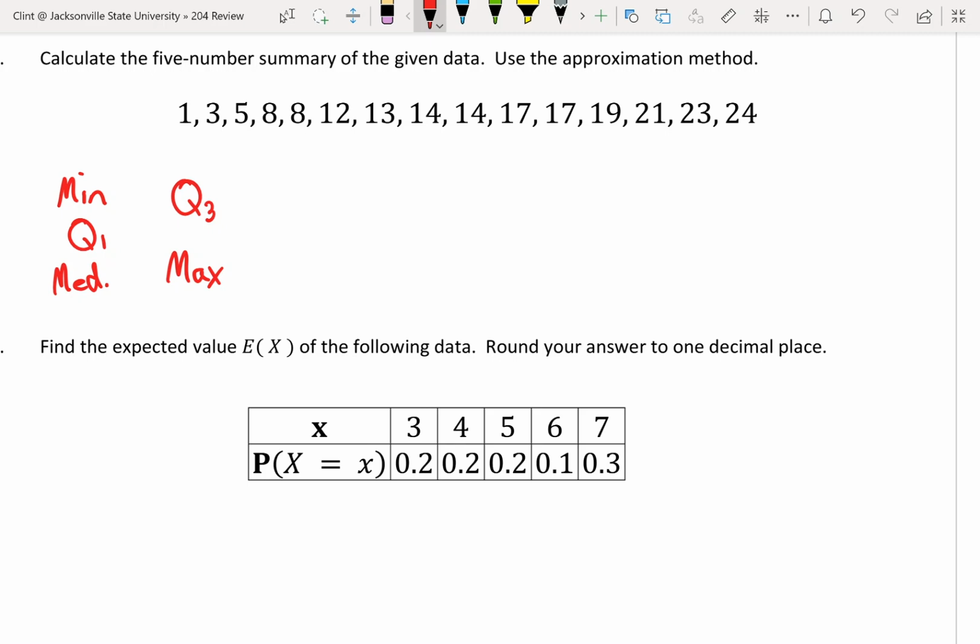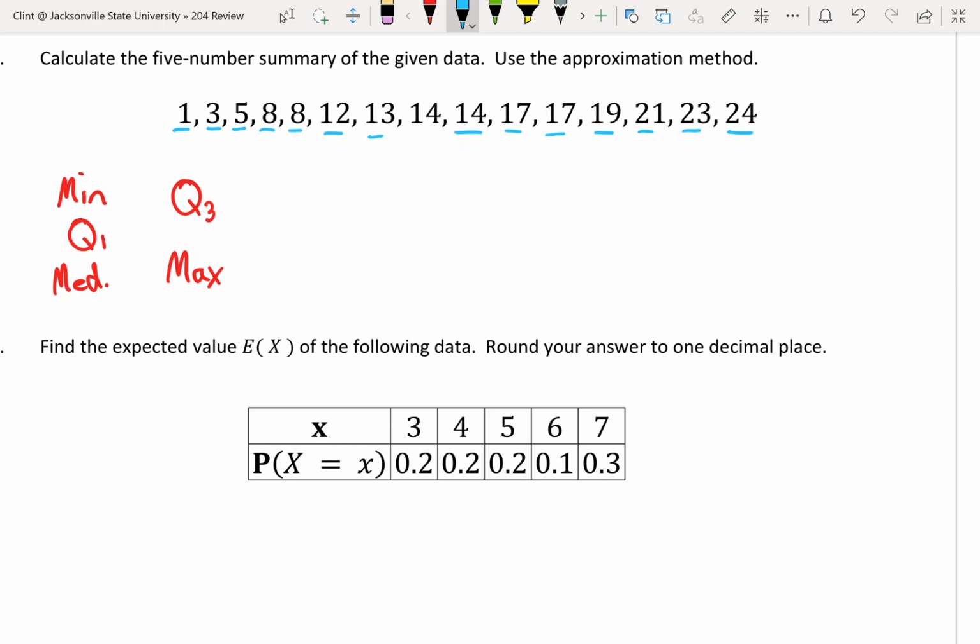So start with finding the median. Too many numbers for me to be able to just look at, so I done 1, 2, 3, 4, 5, 6. 1, 2, 3, 4, 5, 6.